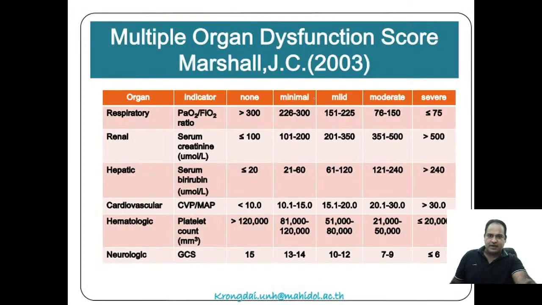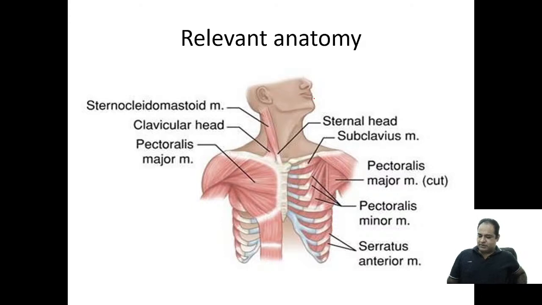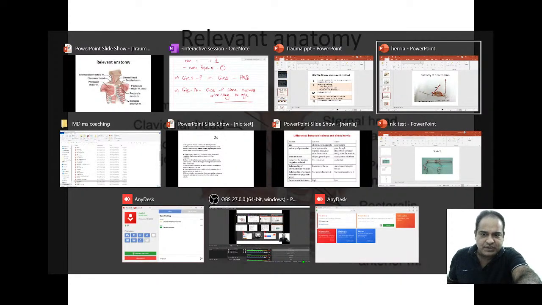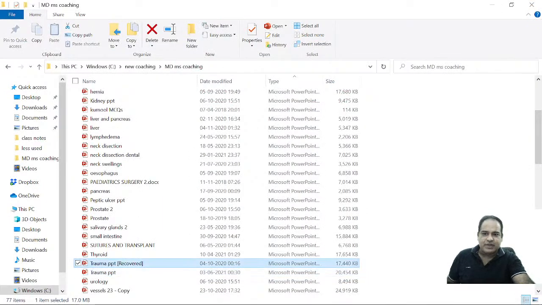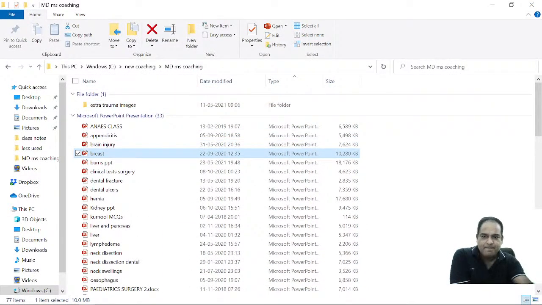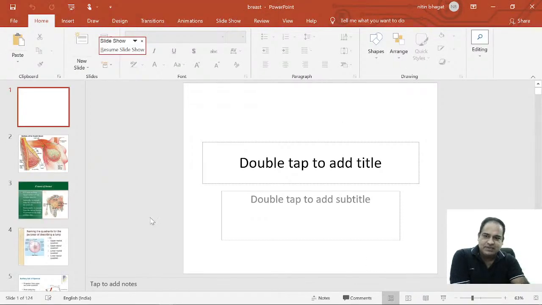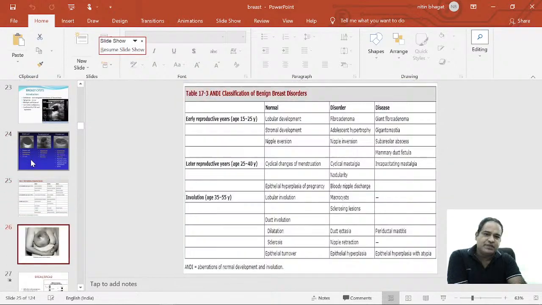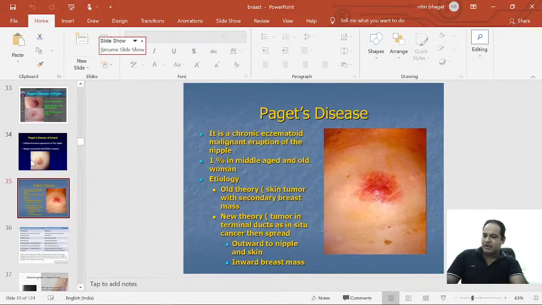So I believe we have had enough of trauma. So now we come to the next thing which someone wanted to discuss with us. That is the breast cancer staging. I'll answer your queries later, immediately after this breast cancer staging.